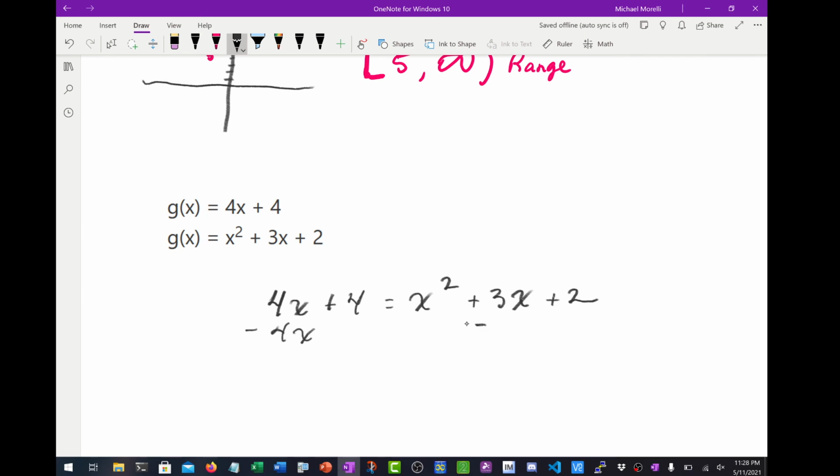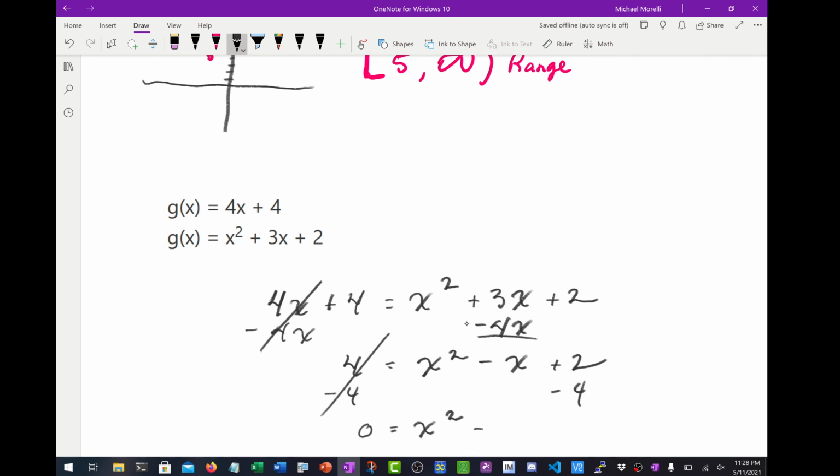I'm going to try to get these terms to go away. So I'm going to subtract 4x from both sides. Now I have 4 equals x squared minus x plus 2. And then I'll subtract 4. So now I have 0, which is what I want, equals x squared minus x minus 2.